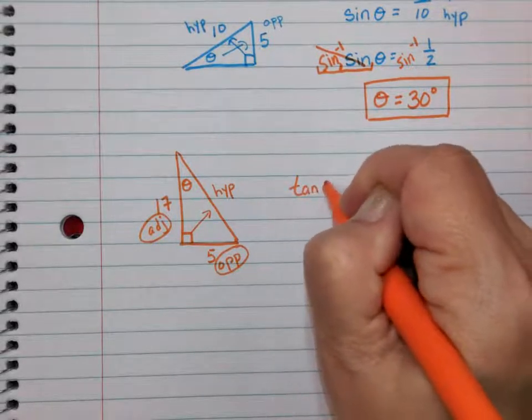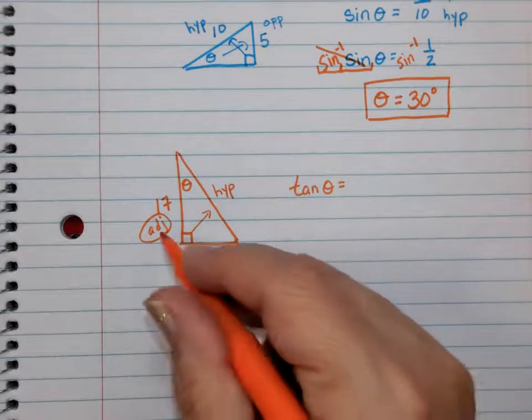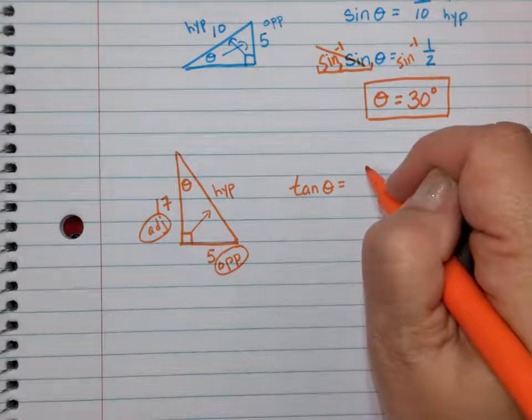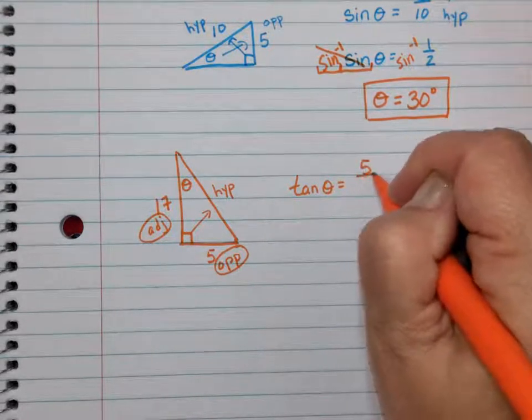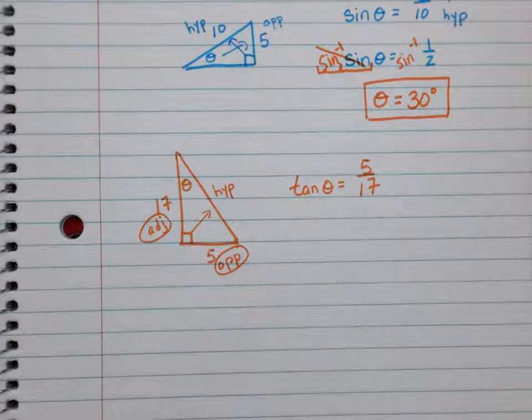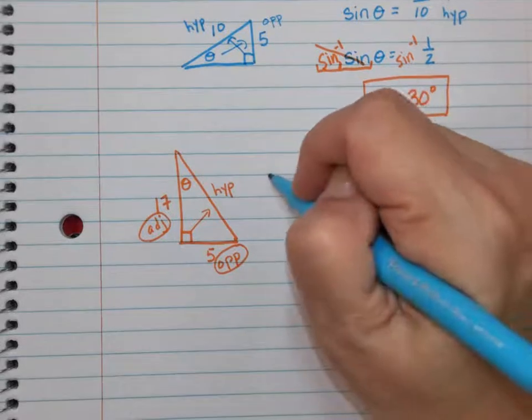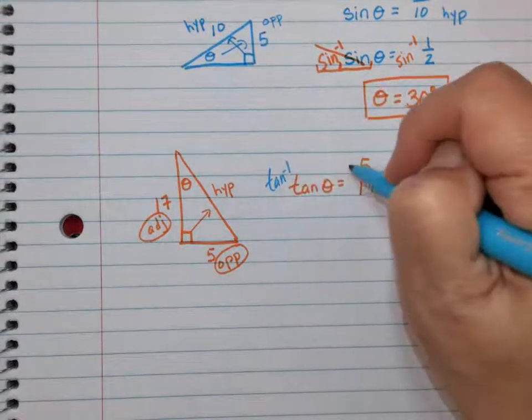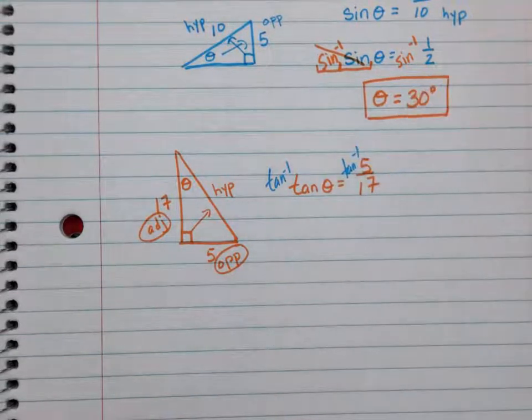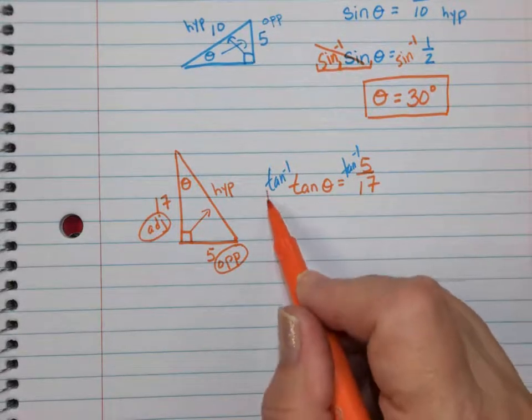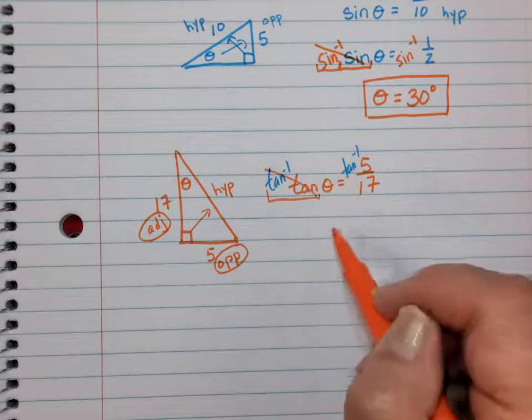So tangent of theta equals opposite over adjacent, TOA, so that's 5 over 17. So then I'm going to take the inverse tangent of both sides. Inverse tangent and tangent undo each other.